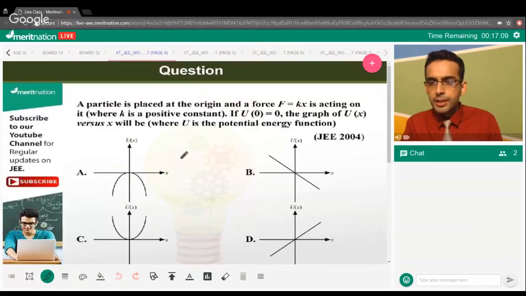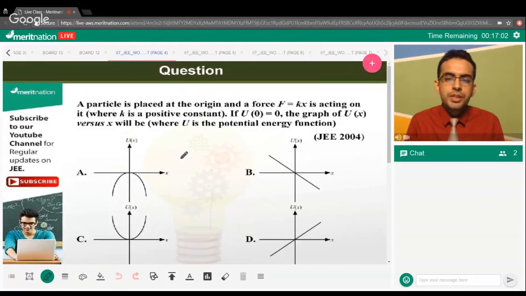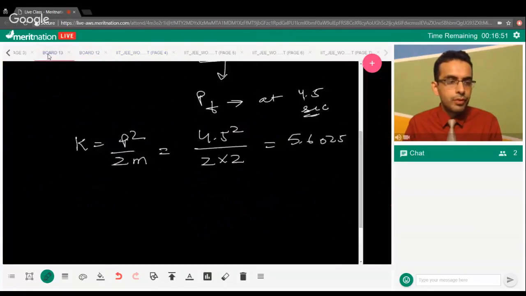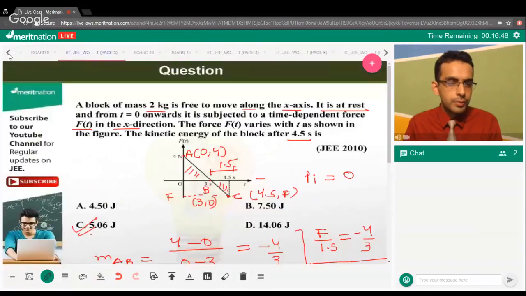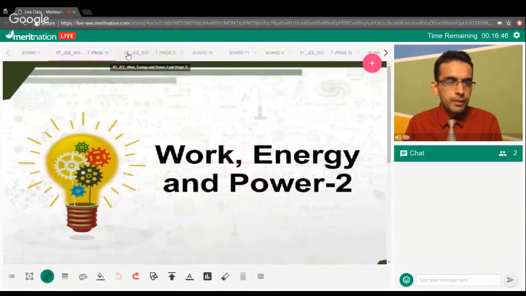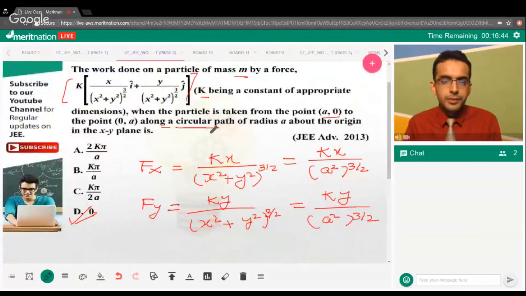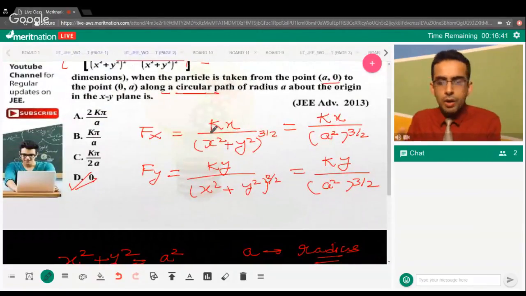Samir asks how, in the previous question, we put the equation of circle in the work done. See, Samir, in the previous question we substituted x square plus y square equal to a square, and we simplified the value of force.